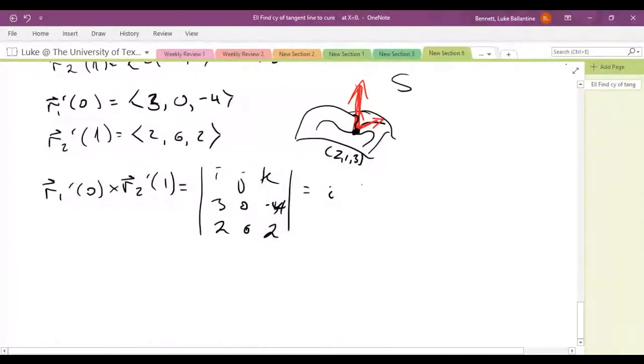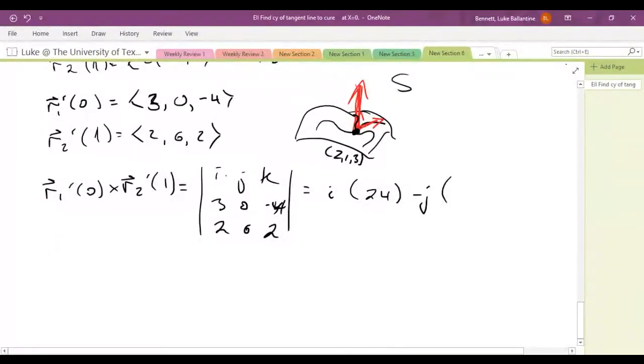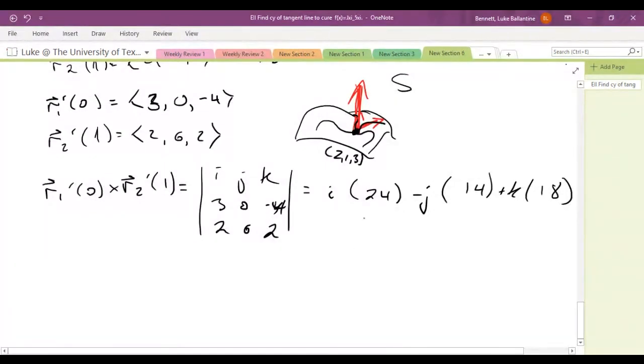This is I times 0 minus 24, so positive 24, minus J times 6 minus negative 8, 6 plus 8, that's 14, plus K times, I cancel, and so we got 18 minus 0 is just 18. That vector is too big. Let's scale it down. I can divide by 2, so this is 12, negative 7, 9. It's as far as we can scale it down because it's 7.